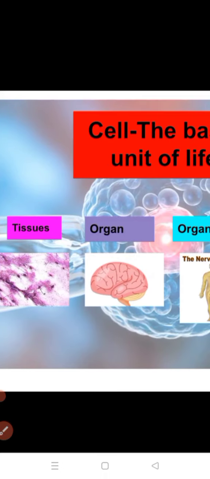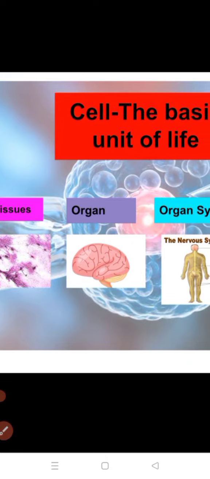Organs are made from tissues, and tissues are made from cells. Starting from the basis, cells. For example, I have taken neuron cells. Many cells compile to form a tissue. Different types of tissues come together to form one organ, which is called the brain. The brain contains different types of tissues.